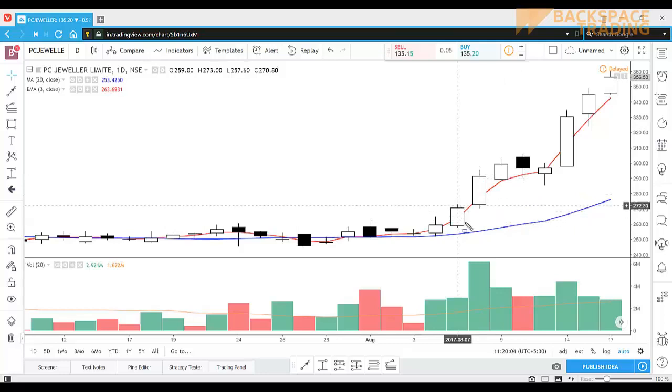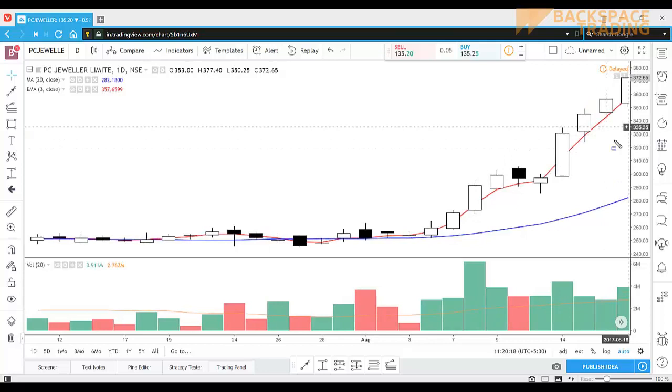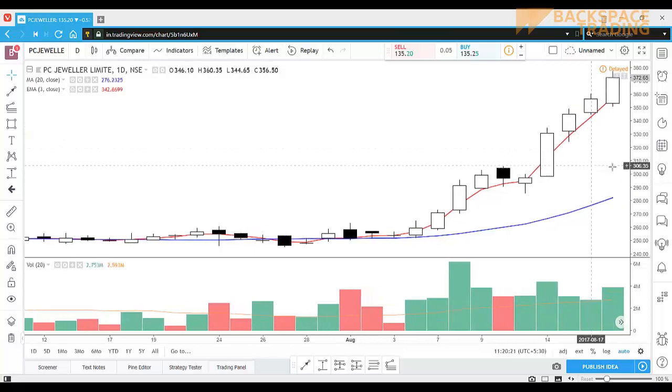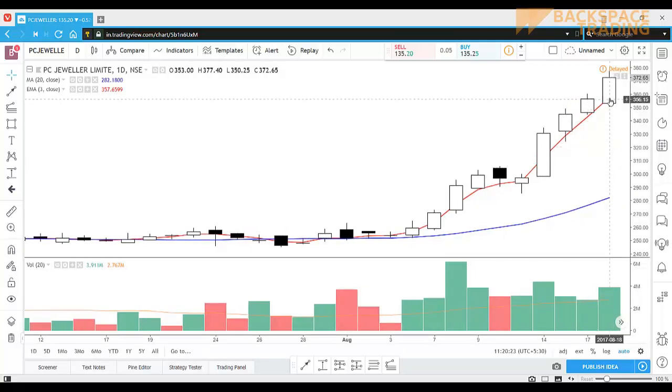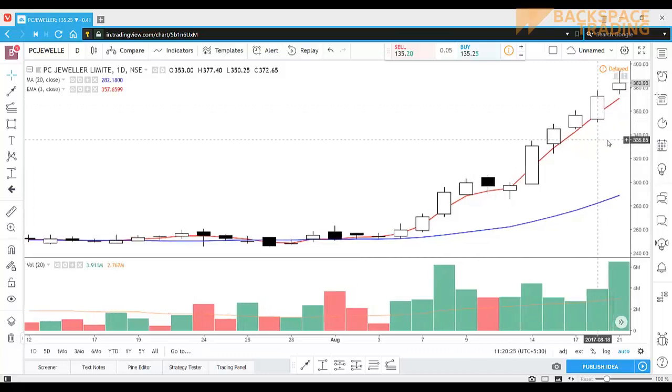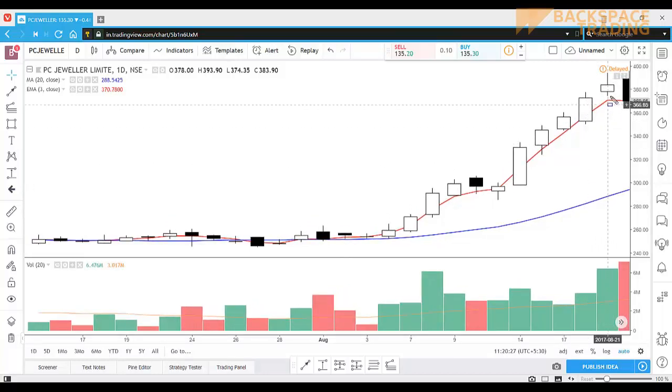See, price touches here, price touches here, price slightly touches here, but I would take it as a touch. Price touches here, here, here, here. What happens over here? Oh yeah, it touched. What happened over here? It is touching. What happened over here? It didn't touch. What happened to the next candle?